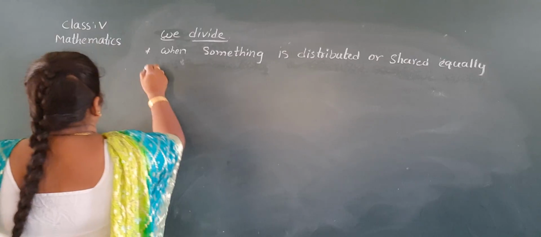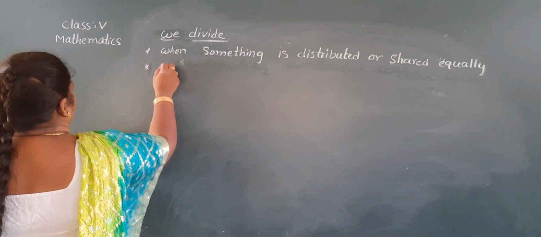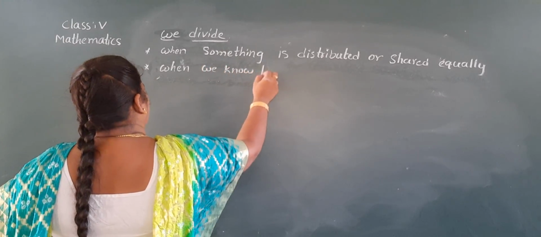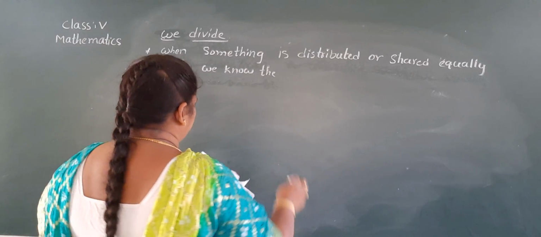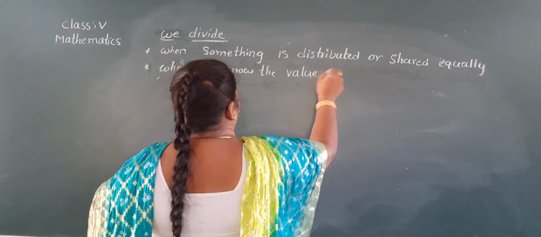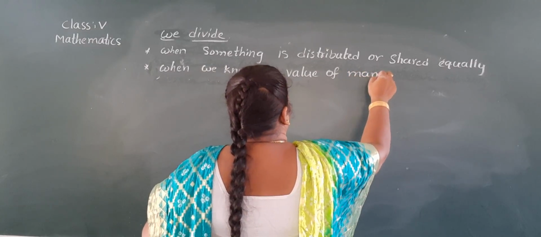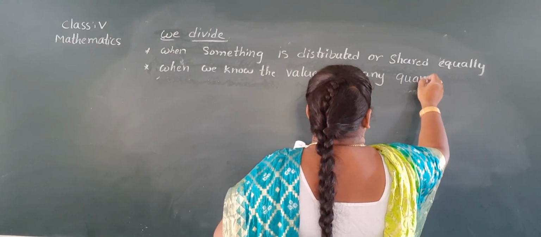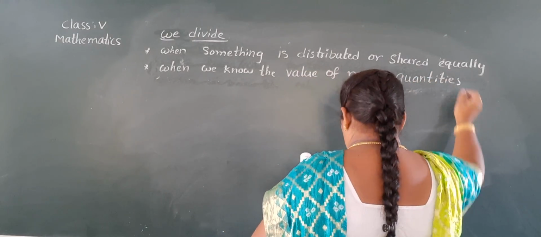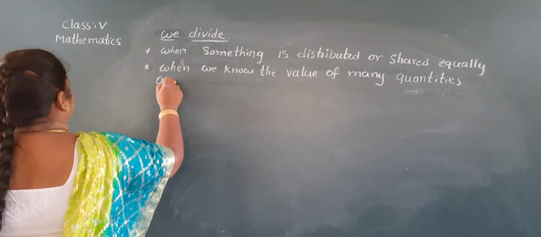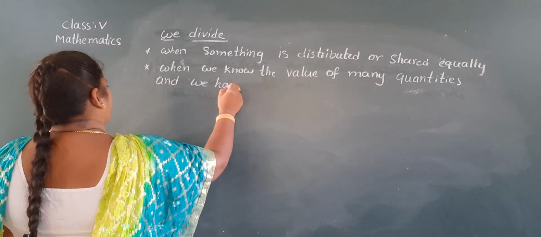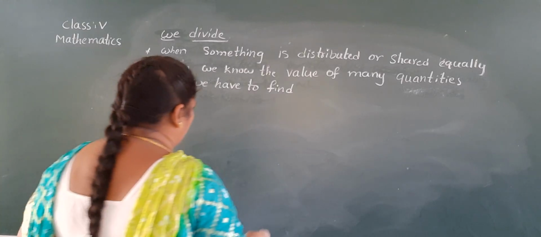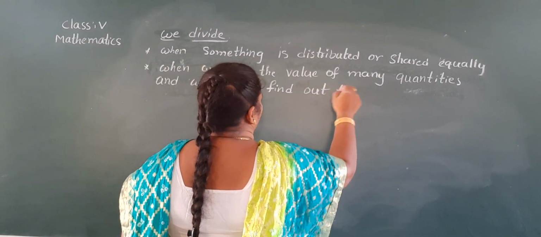And next, when we know the value of many items, many quantities, and we have to find out the value of one quantity.